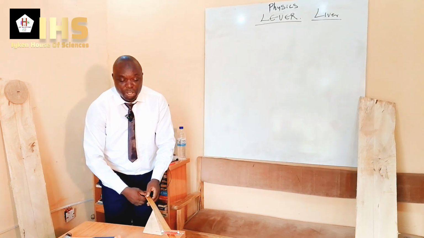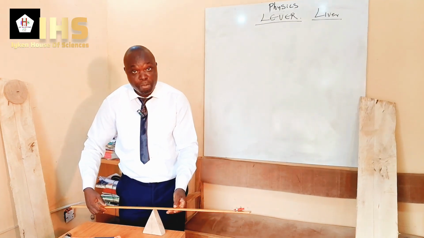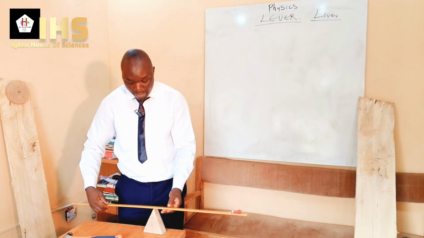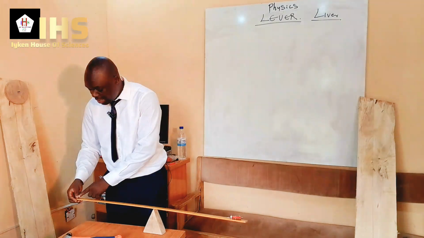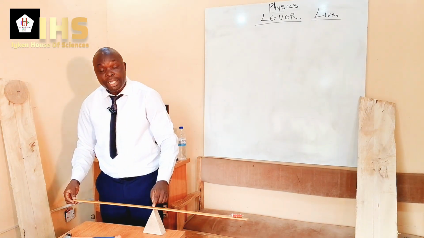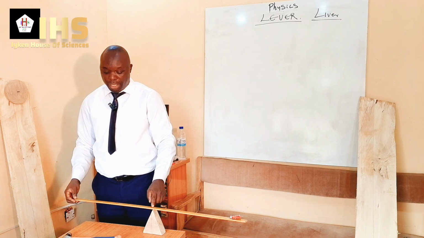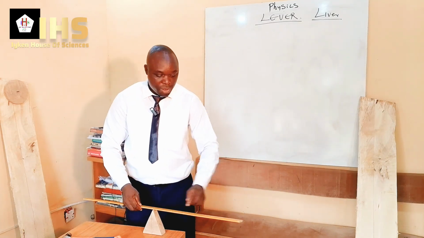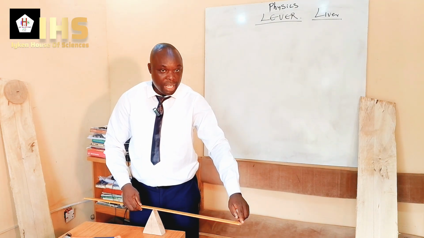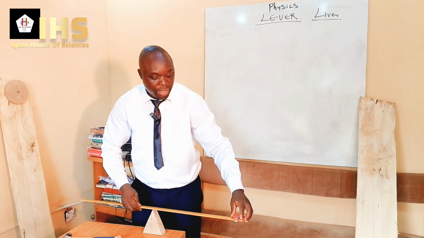So a lever can also work on what we call the principle of moment. From here to here is the distance moved by the effort. This is where my effort is. While from here to here is the distance moved by the load.